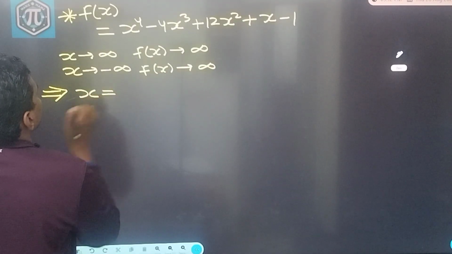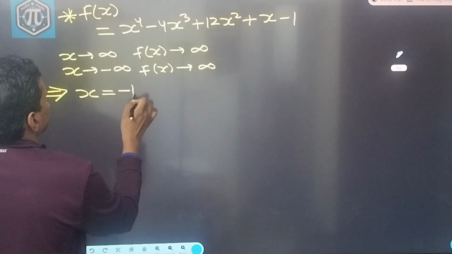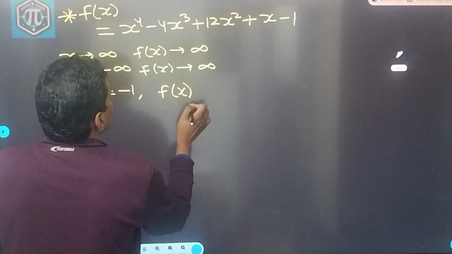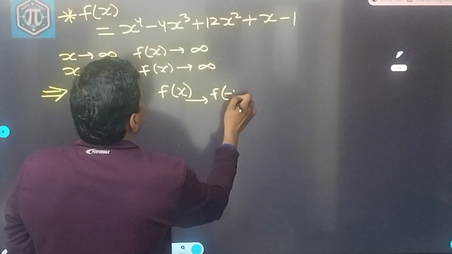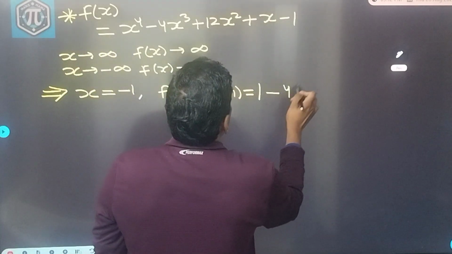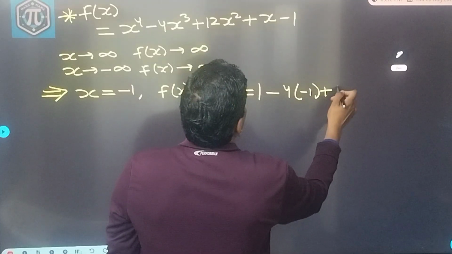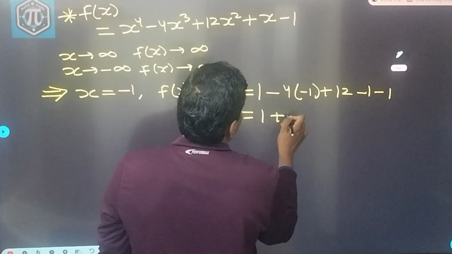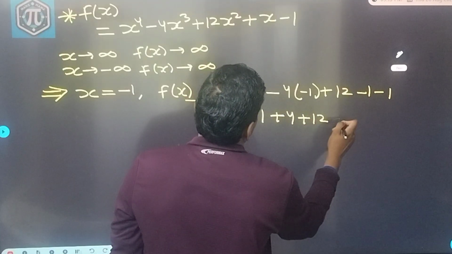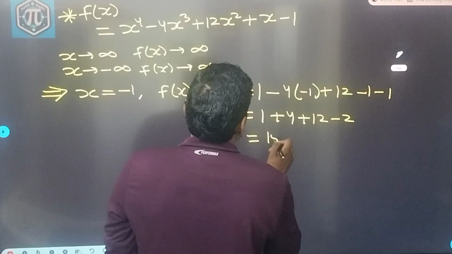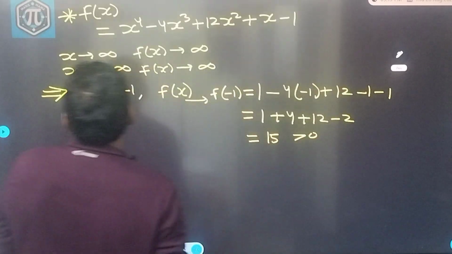If x is equal to minus 1, then what is f of x? That is f of minus 1. F of minus 1 will be 1 minus 4 into minus 1 plus 12 minus 1 minus 1, that is 15, greater than 0.